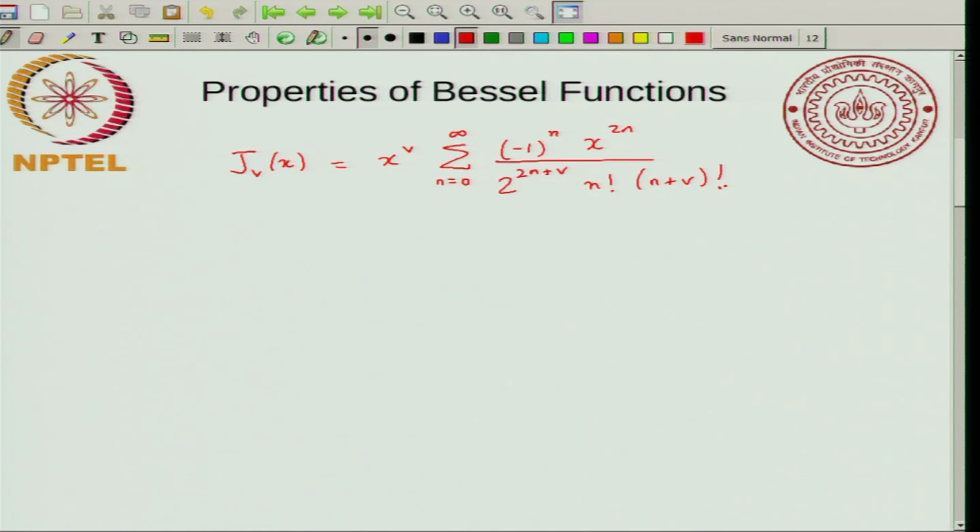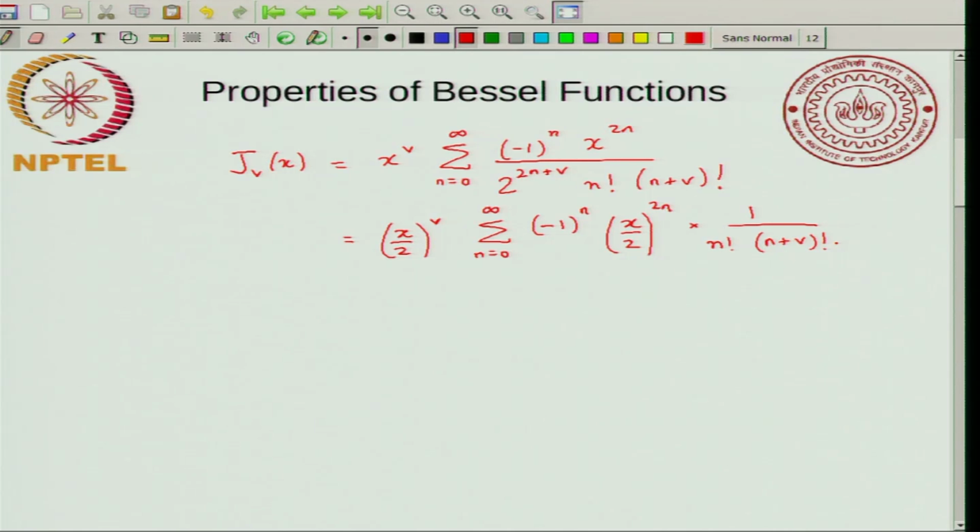So this was how the Bessel functions were defined for integer v. And you can write this in a slightly different form: (x/2) raised to v, sum over n equal to 0 to infinity, (-1) raised to n, (x/2) raised to 2n, times 1 over n factorial (n + v) factorial.